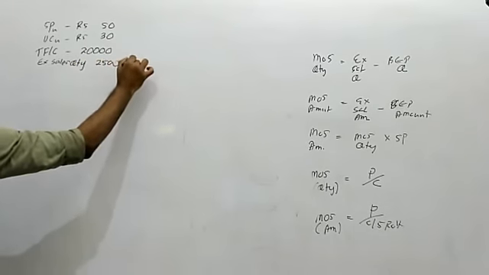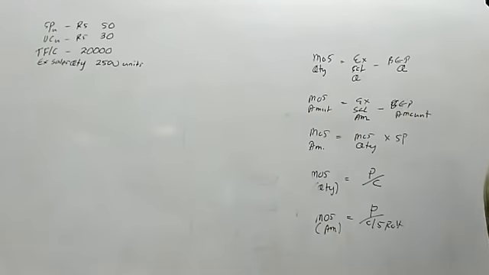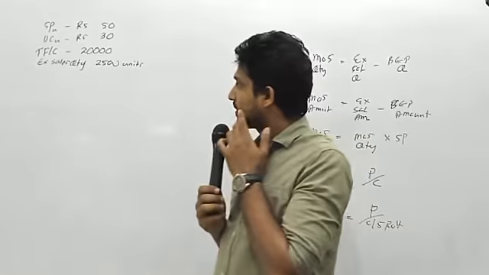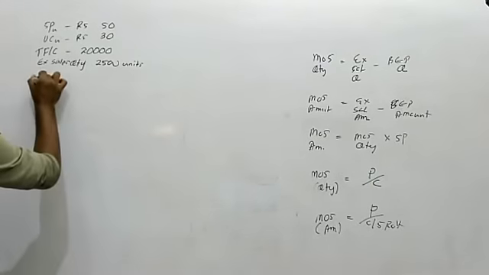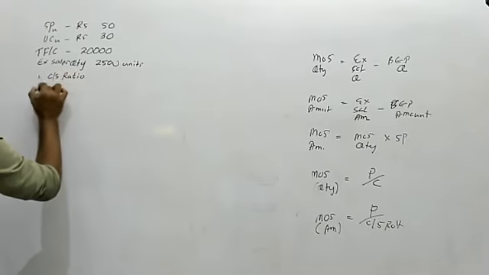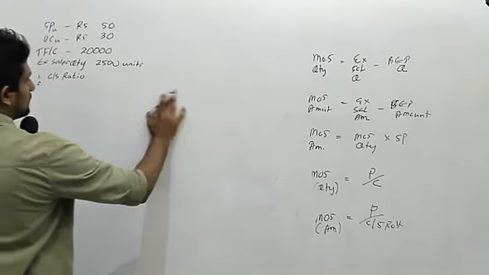Expected sales quantity 2,500 units. Required: number 1, CS ratio.